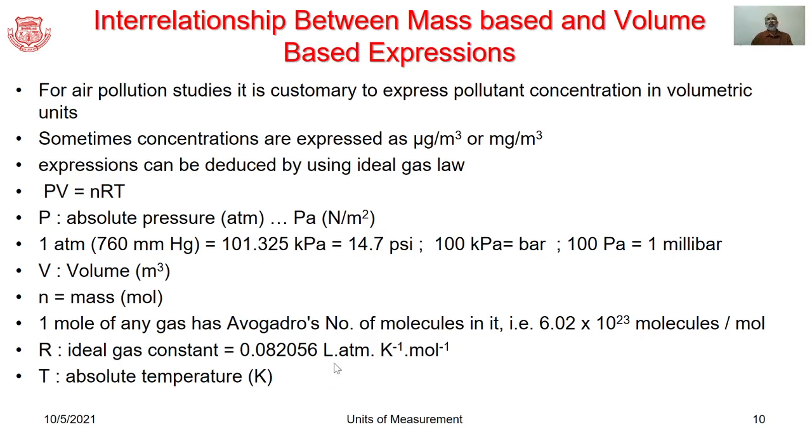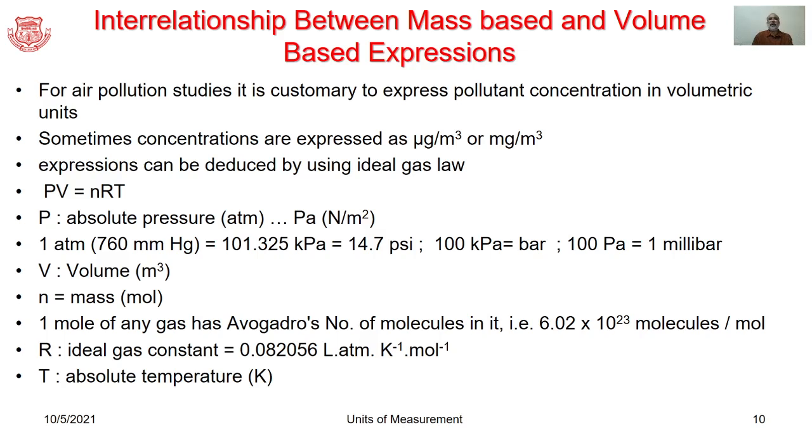Here, we wish to derive the interrelationship between the mass based and volume based expressions. For air pollution studies, it is customary to express the pollutant concentration in volumetric units. However, most of the time we prefer to have the concentrations expressed as microgram per cubic meter or milligram per cubic meter.